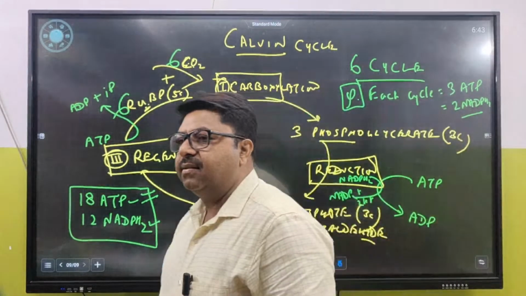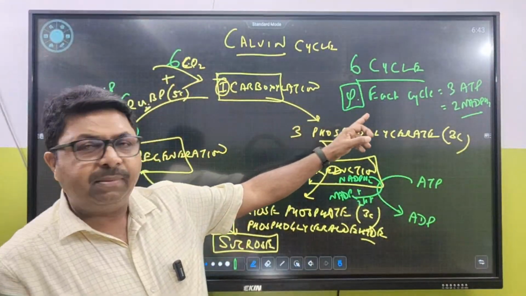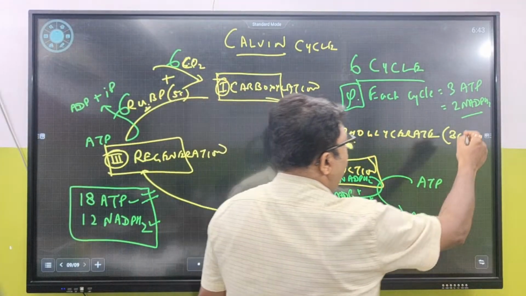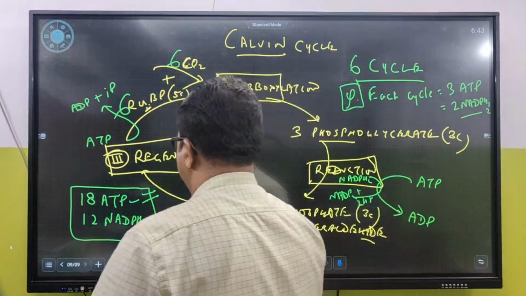For each cycle, 3 ATP and 2 NADPH2 are utilized.